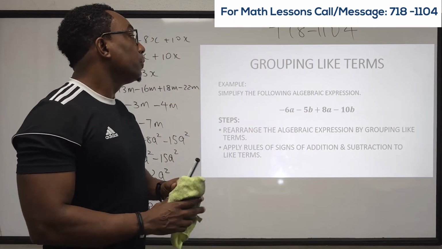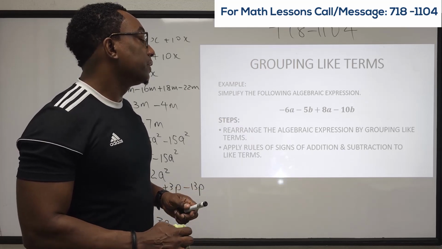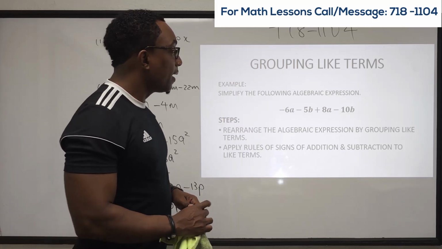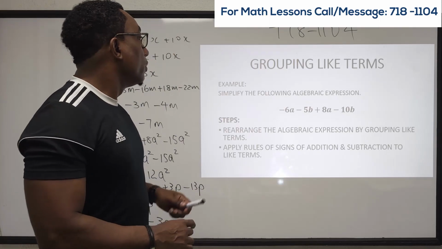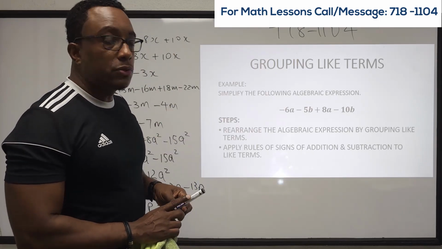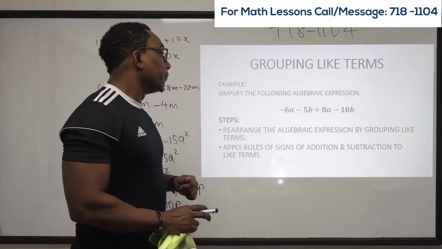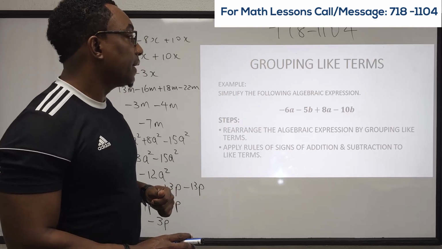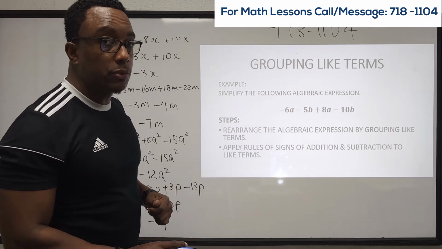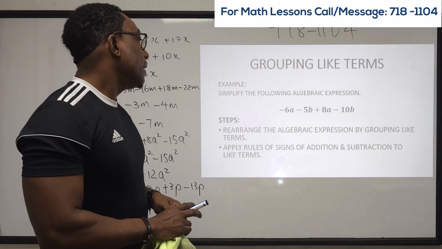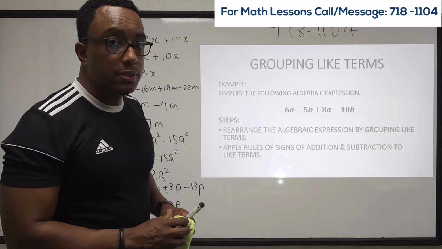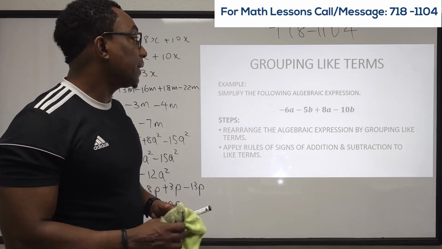So how do we simplify algebraic expressions with different terms? So to simplify, what we have to do is to 1. Rearrange the algebraic expression by grouping like terms. We're going to place like terms together, and then we're going to apply the rules of addition and subtraction.